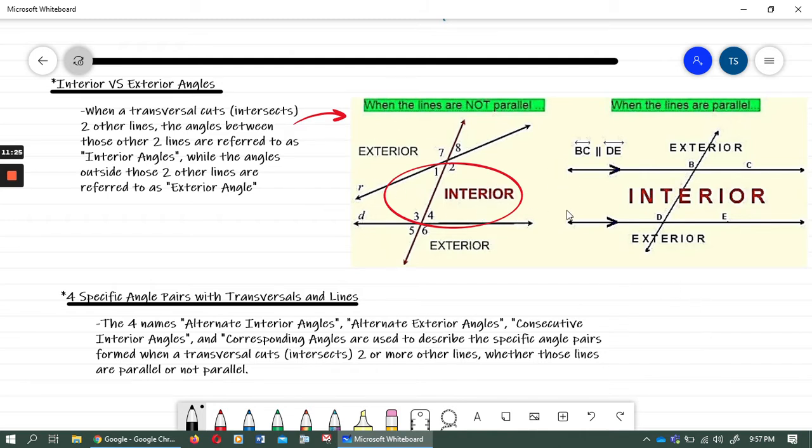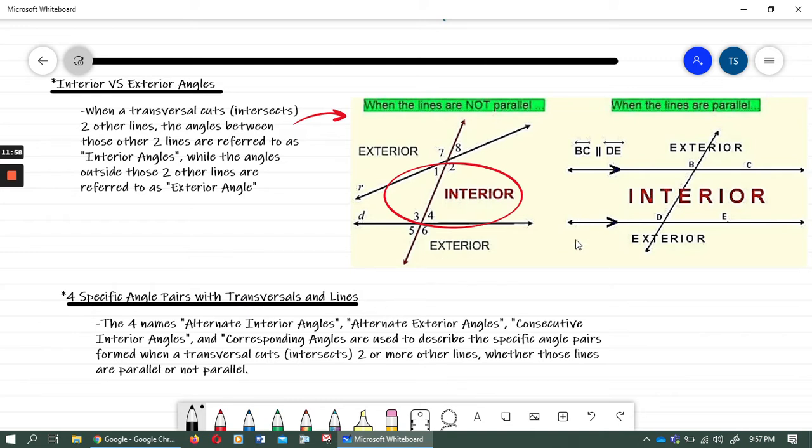But we're talking about some specific angle pairs that are only named this way when we have transversals and lines.